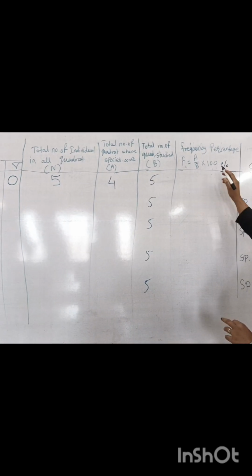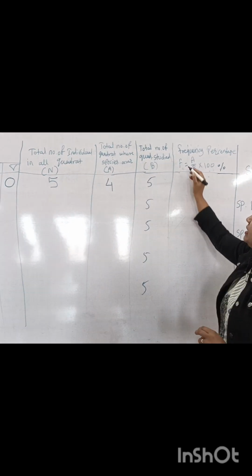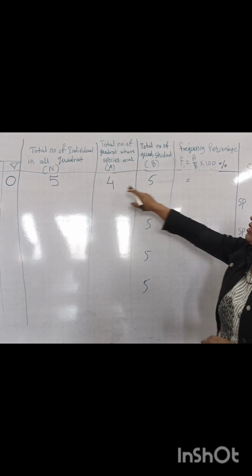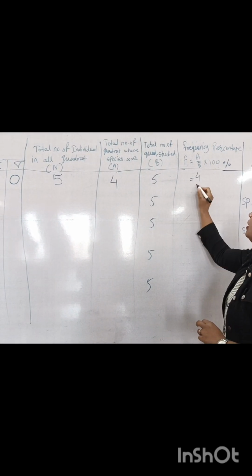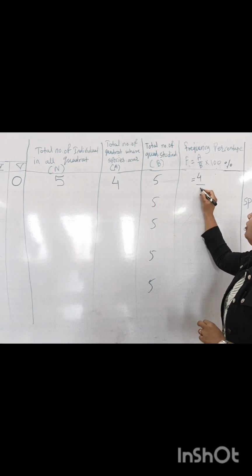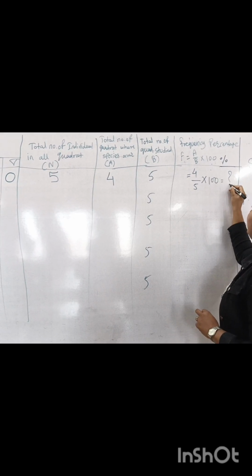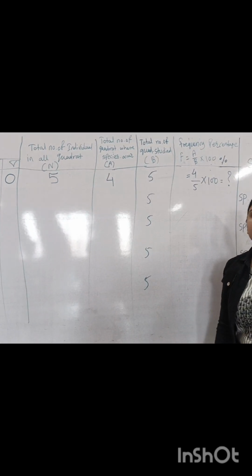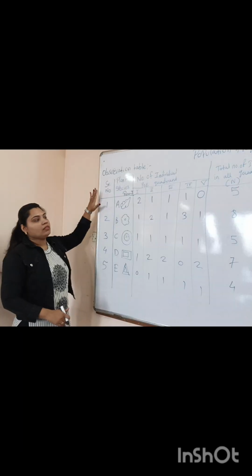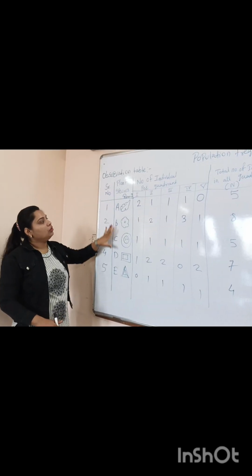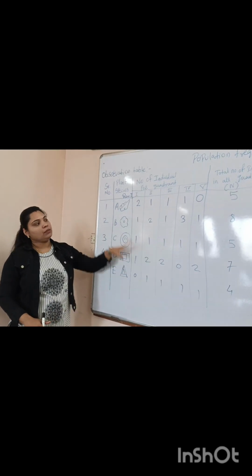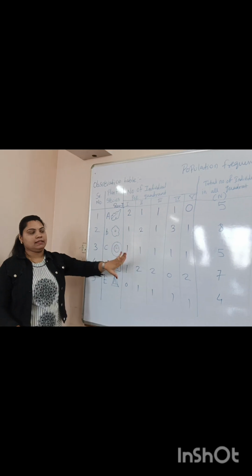Now frequency in percentage, F is equal to A. What is your A? That is 4, by B. B is your 5, into 100. So whatever the value is, that is your population frequency. This is your overall species where we calculate the population frequency in percentage.